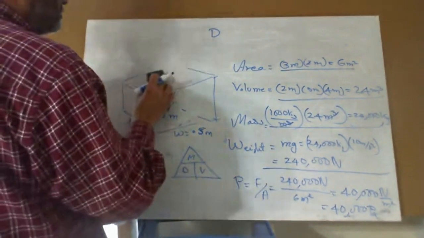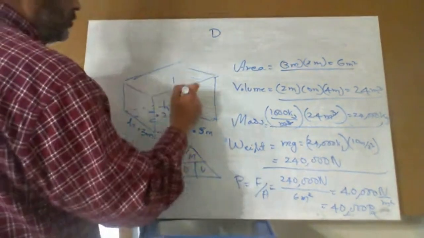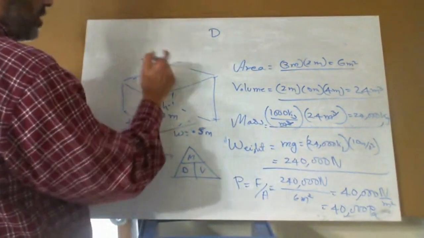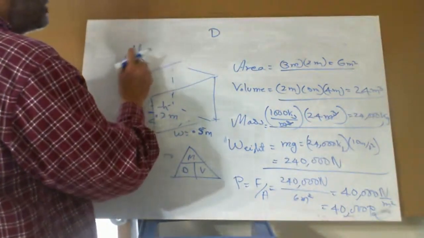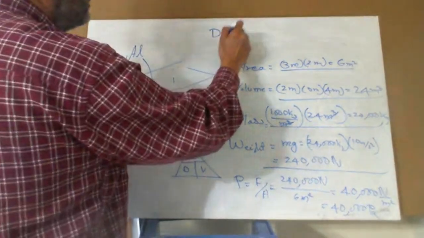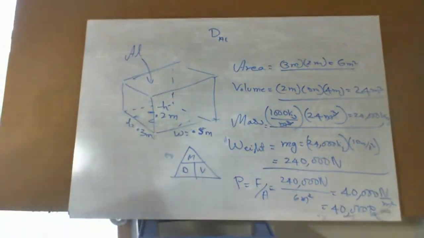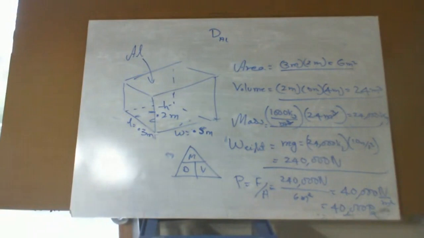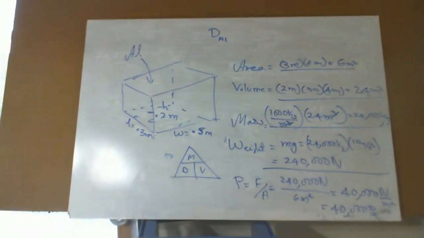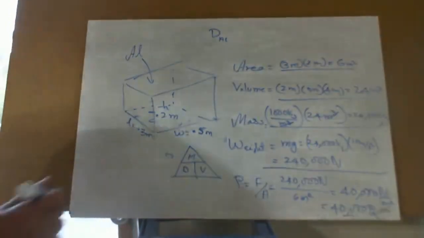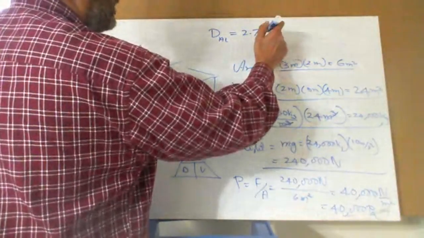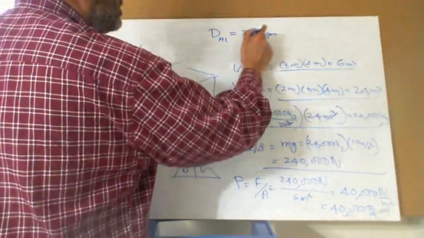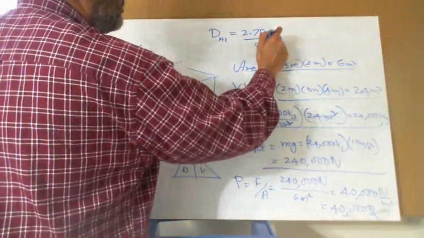And this is aluminum, okay. The symbol for aluminum is Al, and if you go to page 242, the density of aluminum is 2.70 grams per cubic centimeter.